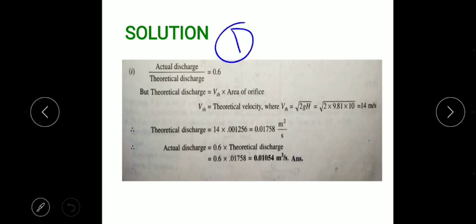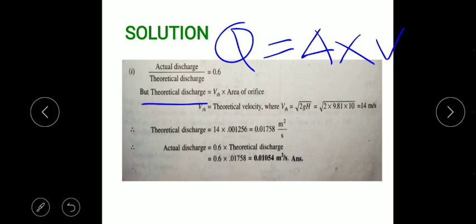We all know the equation Q is equal to A into V, where Q is the discharge, A is the area, and V is the velocity. The same equation is used here for finding theoretical discharge, which is the area of the orifice into theoretical velocity.